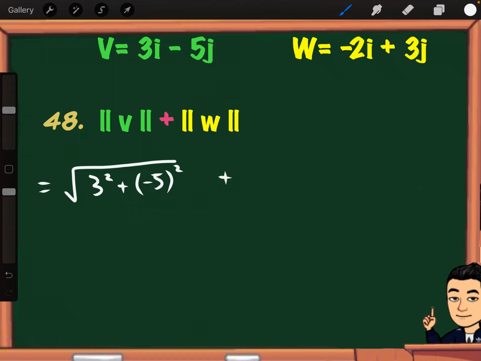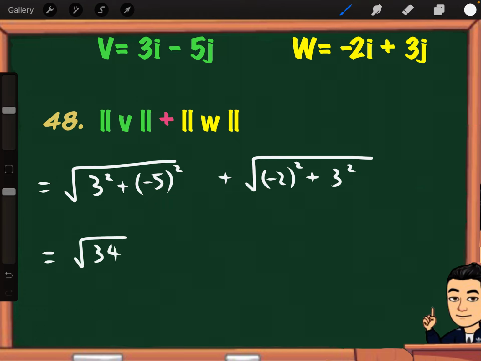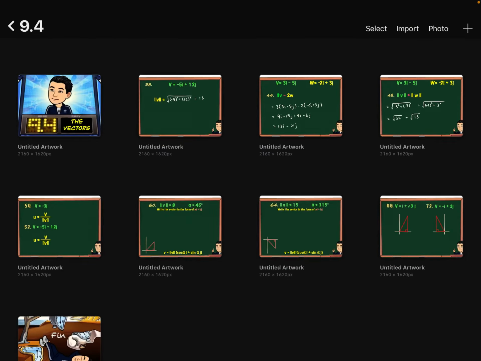Okay, so for the magnitude of w, you're going to use the square of negative 2, and then square root everything, 3 squared, and then we're just finding a distance. Okay, so this is going to be square root of 34 plus square root of 13, and that's it. Okay, let's check out number 50.